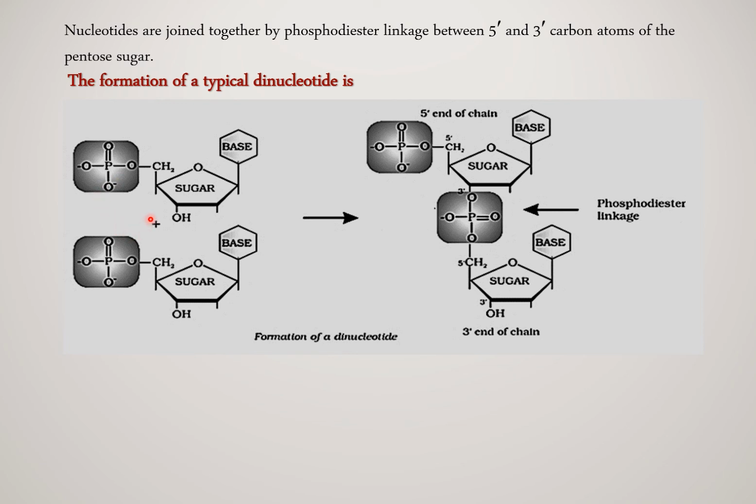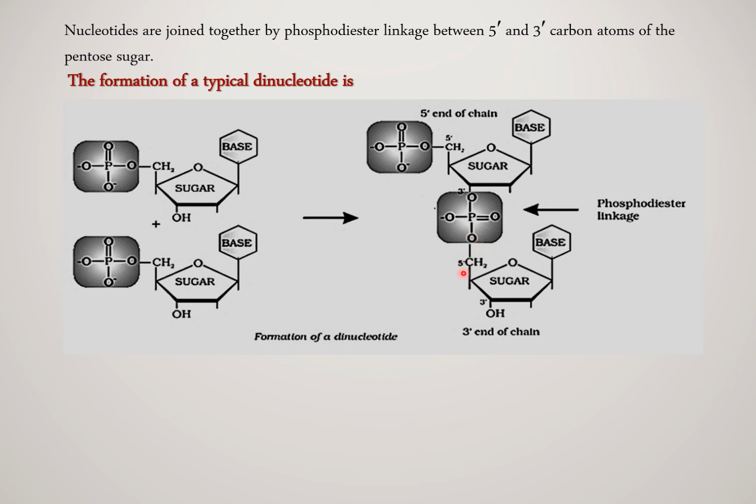It reacts with another nucleotide. This is 1' position, the base attached to it. At the 5' position, the phosphate group is there. When these two combine with each other, they give rise to a phosphodiester linkage, which is indicated here, which is always between the 5' and the 3' position.